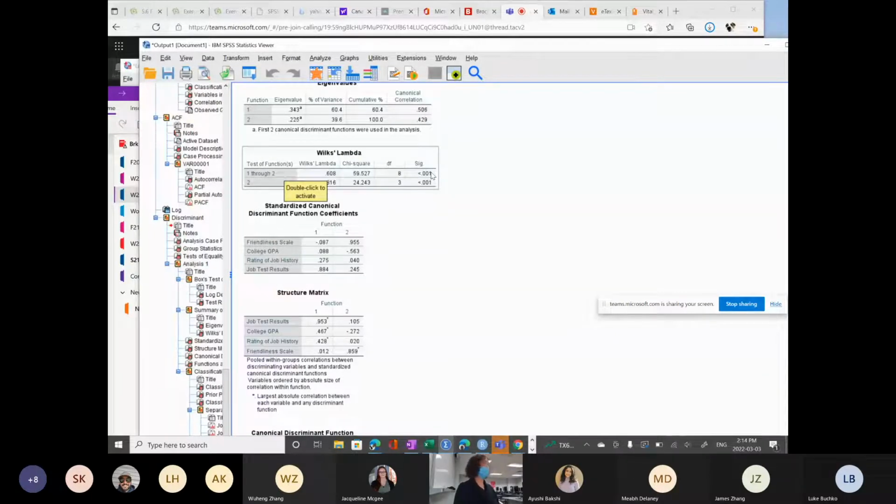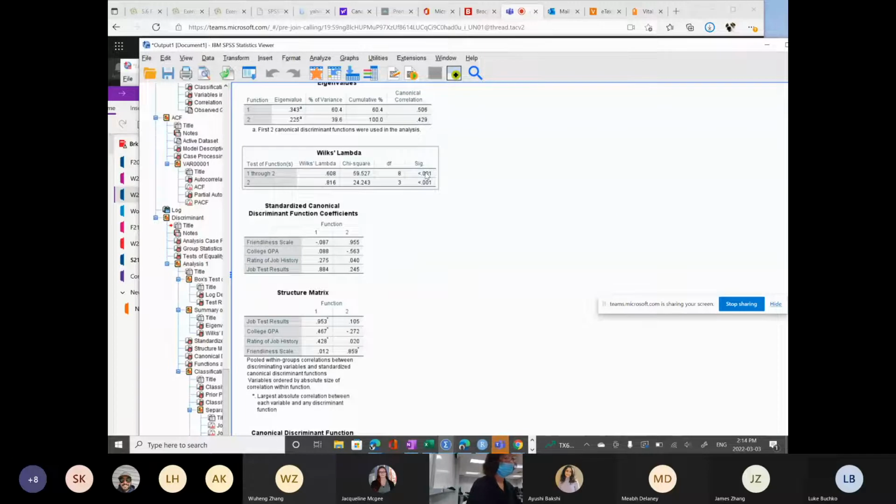What does significant mean? It means it is appropriate to use the 4 variables to predict job category, so the model is appropriate.